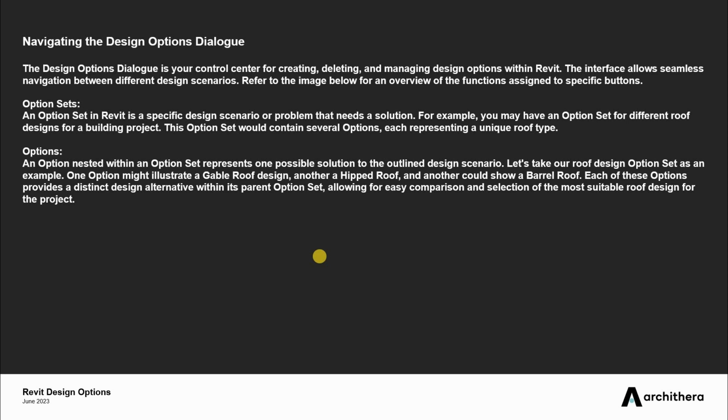For instance, if you had an option set for different roof designs, I would call that option set roof options. And within the option set you then have options which for instance you'll call hipped roof, flat roof, or gable roof. So basically those options are all underneath an option set.